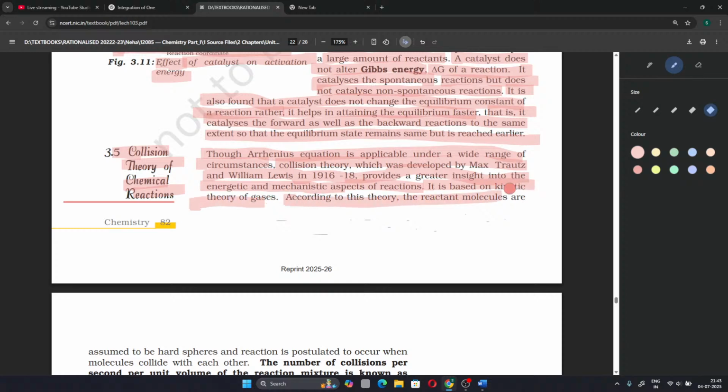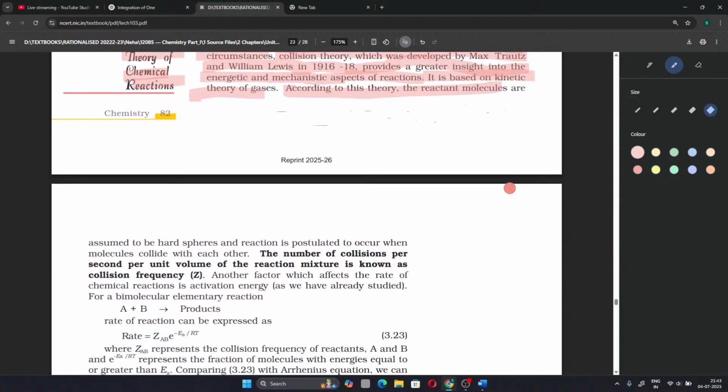According to this theory, the reactant molecules are assumed to be hard spheres, and reaction is postulated to occur when molecules collide with each other. Although with the Arrhenius equation we can calculate the rate constant, they are saying collision theory is better, created by William Lewis and Max Trautz in 1916 to 18.